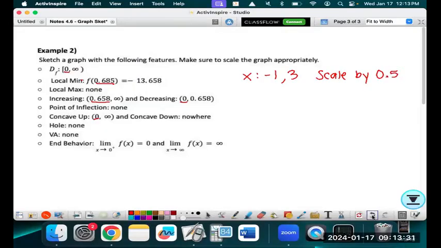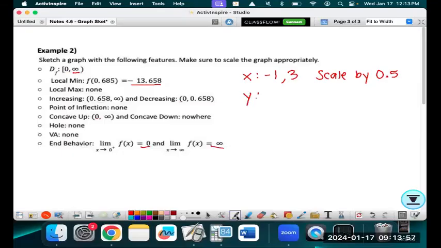And then, but I mean, truly, I think for that, you could do a whole number. It's up to you. Then for my y's, I see -13.6, infinity, 0, infinity.